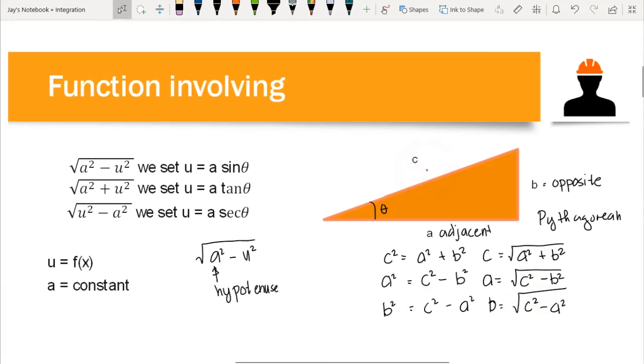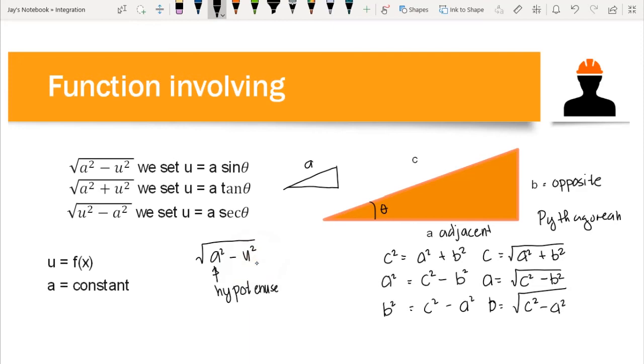So therefore, if we try to draw the right triangle, this one is our A, and U here could be the opposite or the adjacent, because from this term it could be B squared or A squared, correct? Our U here could be the opposite side or the adjacent side in the right triangle.